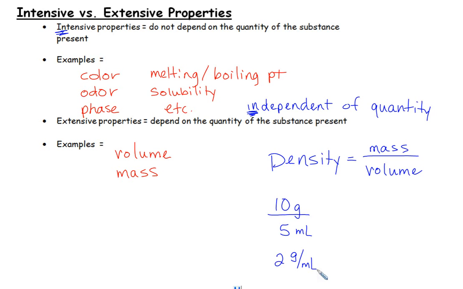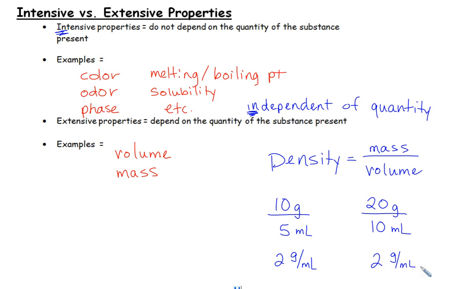It's a ratio, mass to volume. What if I double my sample size and I make it 20 grams? Well, guess what happens if you double the mass? You double the volume too, right? So if I have 20 grams, it's probably going to have a volume of about 10 milliliters. And what do you know? The density is the same.